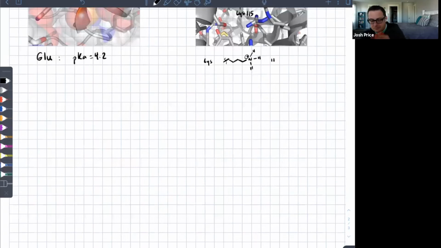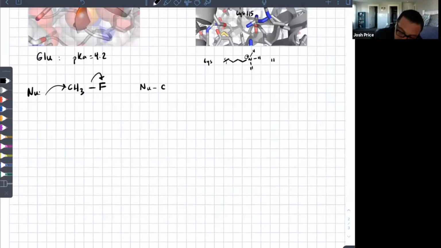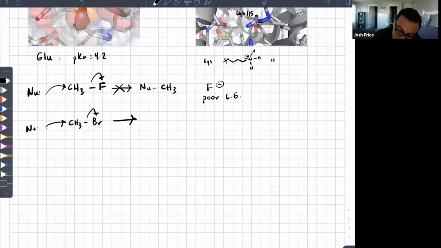So as an example, you could use pKa arguments to explain why a nucleophile attacking and doing an SN2 reaction on methyl fluoride generally doesn't work, because F minus is a poor leaving group, whereas if we have CH3Br, that reaction is just fine.